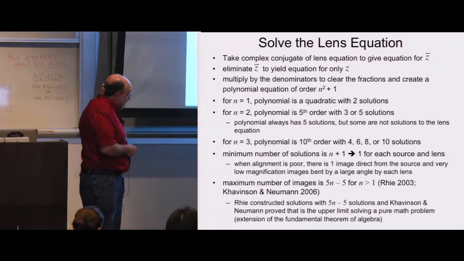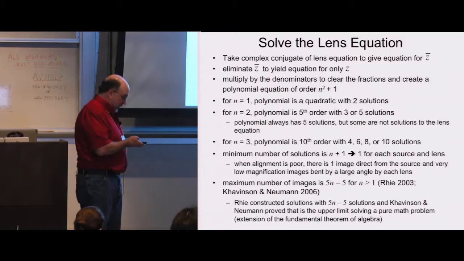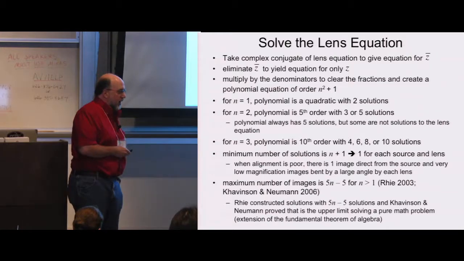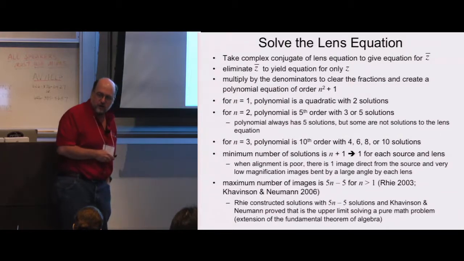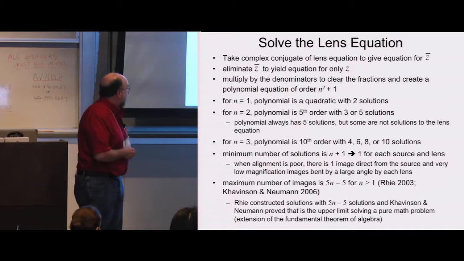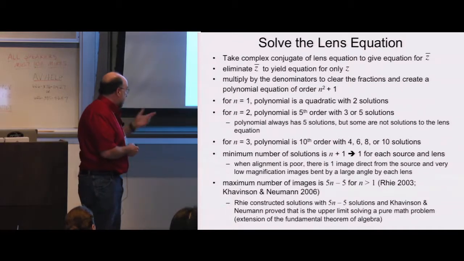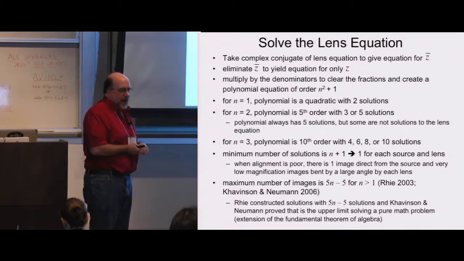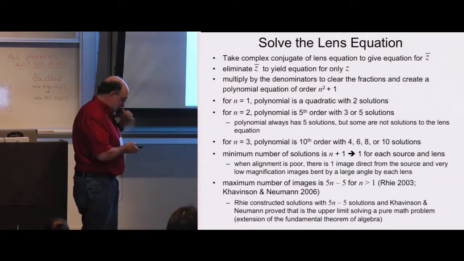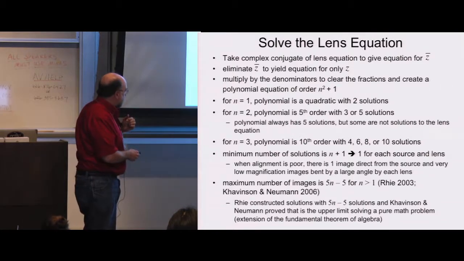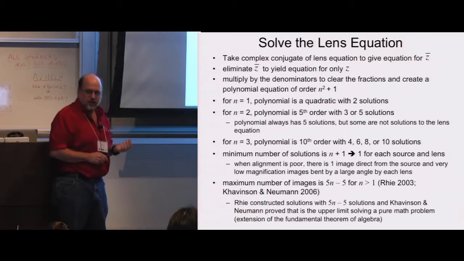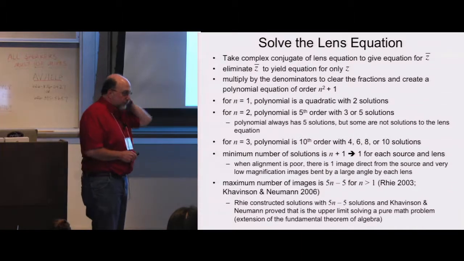then the maximum number of images is a bit more complicated to work out. And in fact, no one was smart enough to figure out what the answer was. But Sun Ri was smart enough to figure out half of the solution. She actually came up with a construction of solutions for any number of lenses that had 5n minus 5 solutions, and she conjectured that that was the solution to the problem.